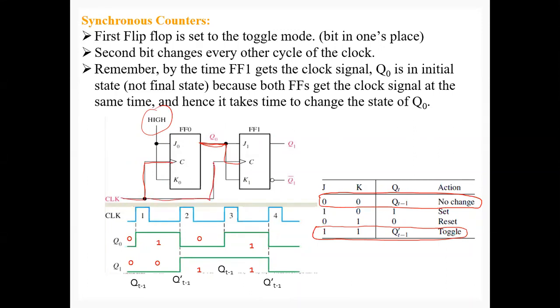That's the meaning of synchronous, right? At the same time. So clock is not a problem. Then we use this guy, Q0, as the input to FF1. So when you do this, it acts as a synchronous counter.